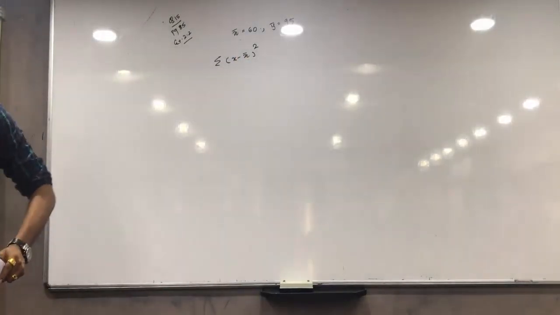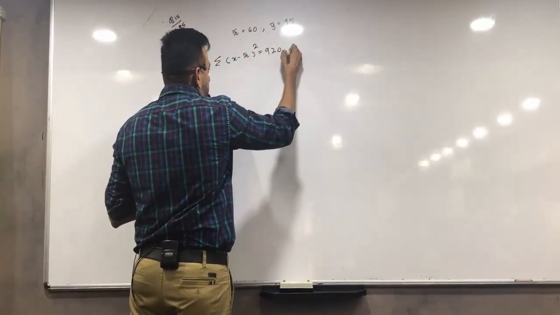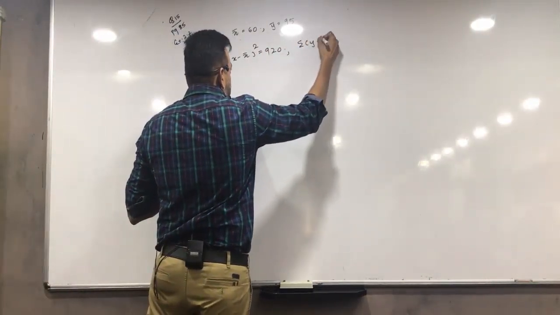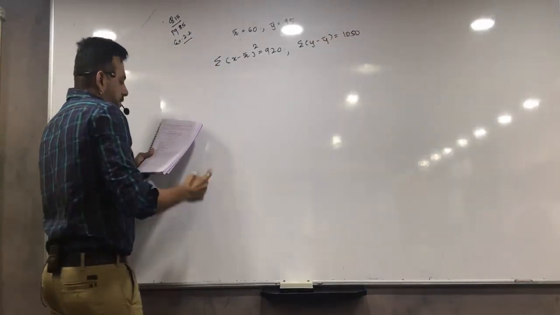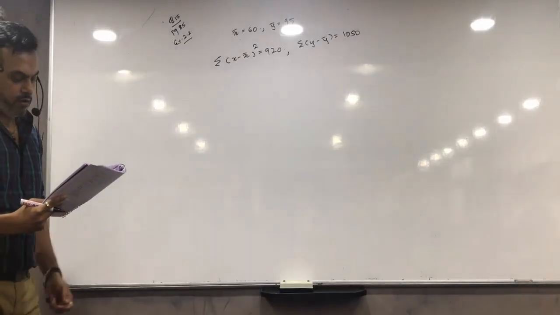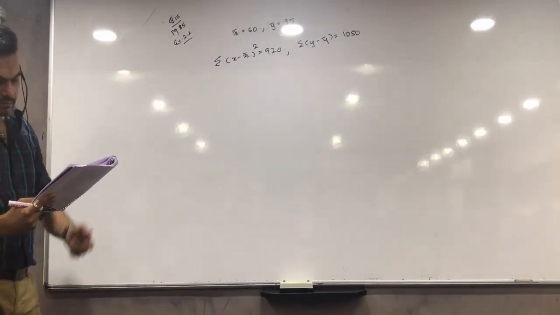Did you understand the sentence? Sigma x minus x bar is equal to 920, sigma y minus y bar is equal to 1050. The sum of product of deviations taken from their mean.